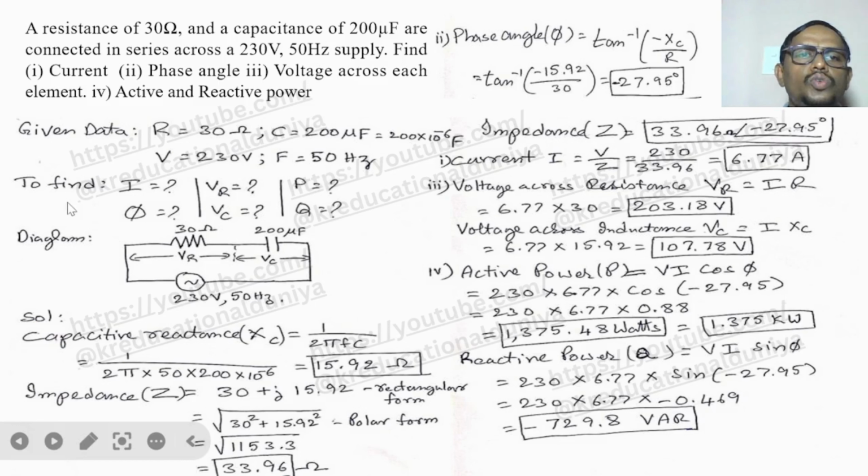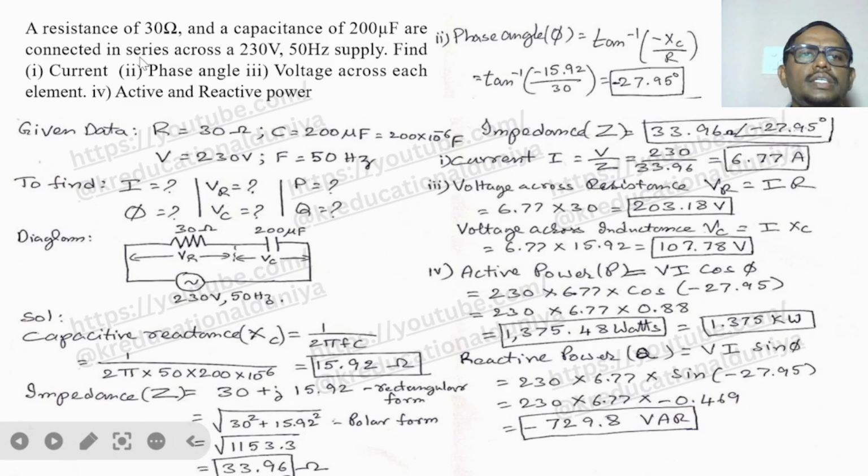Find: I, phase angle phi, and voltage across each element. There are two elements: voltage across resistor, voltage across capacitance, and active power P and reactive power Q. These are the things you need to find out.